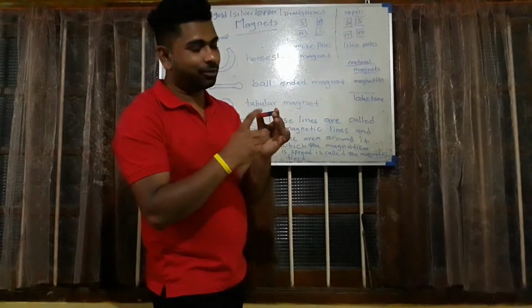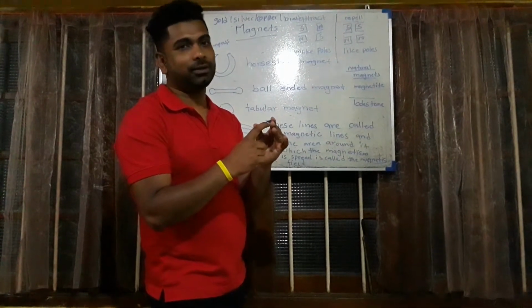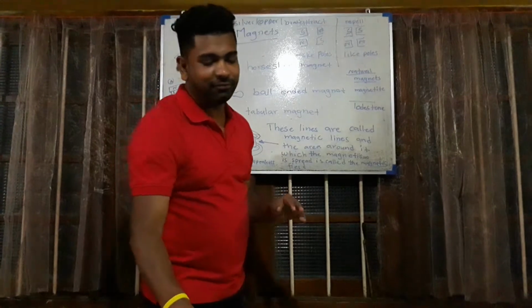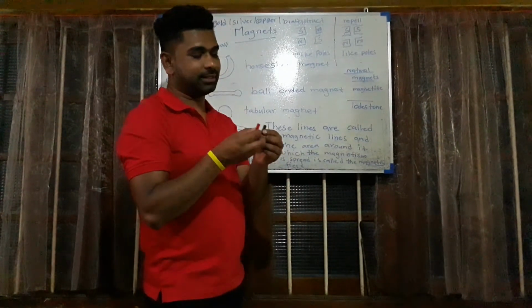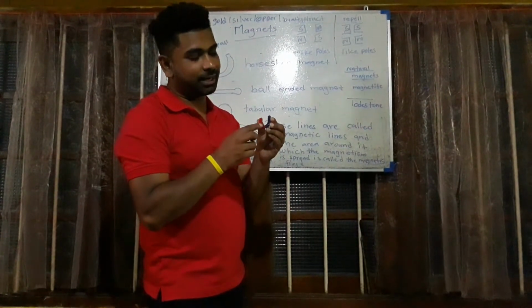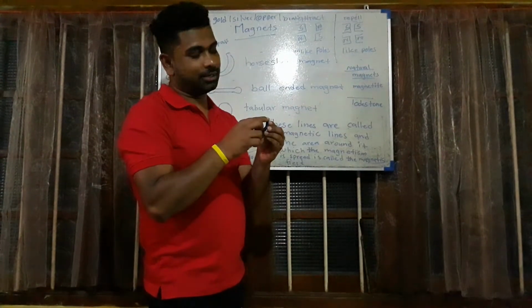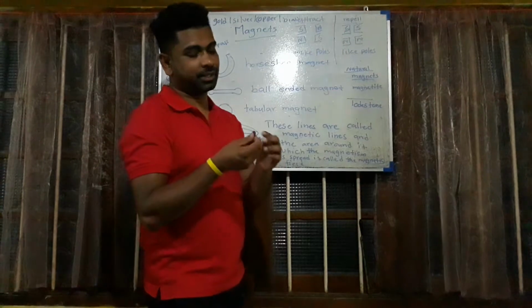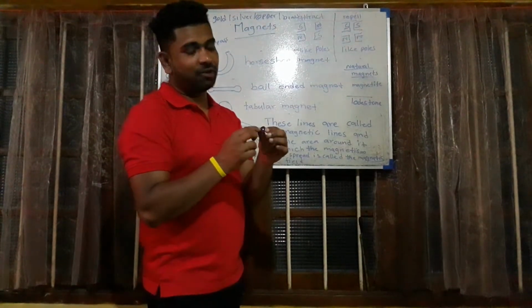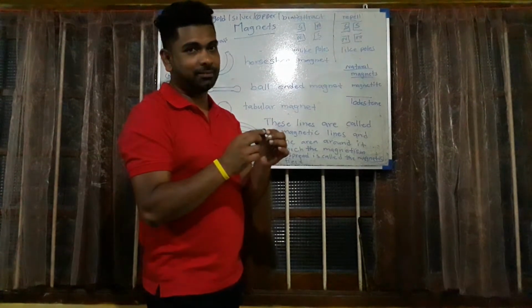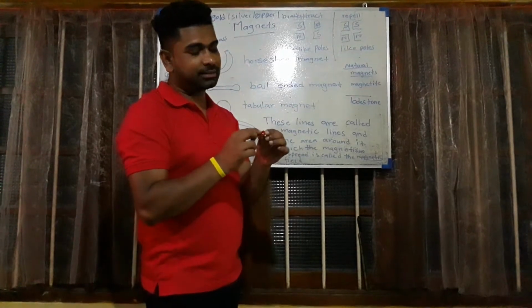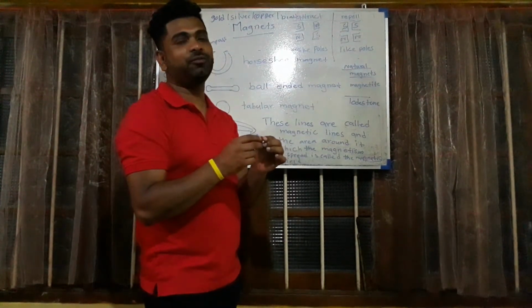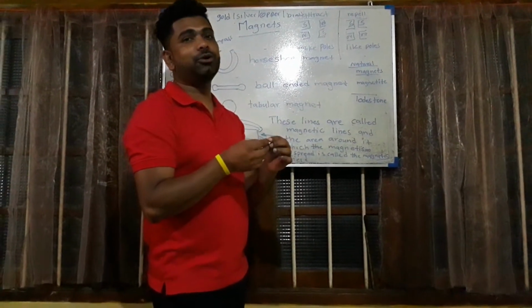So north pole, south pole, blue color. And if I use this U magnet, here you can see red color, north pole, blue color, south pole. If I use this ring magnet, here one side is blue, that means south pole, one side is red, which we call north pole.